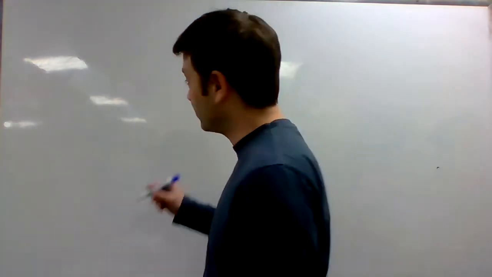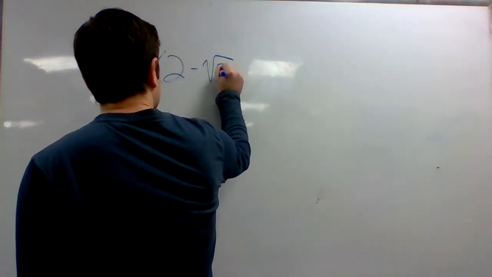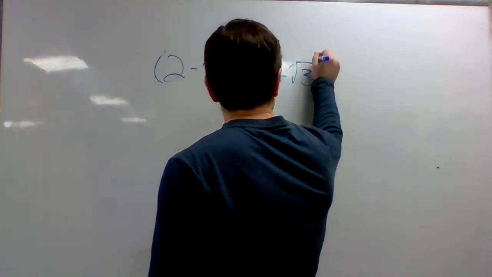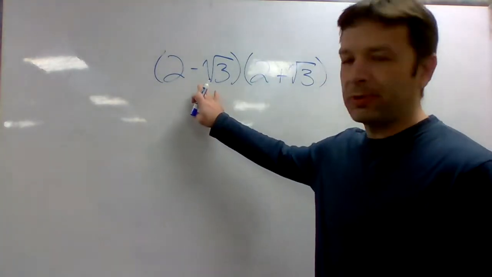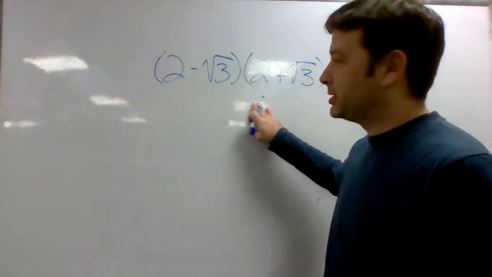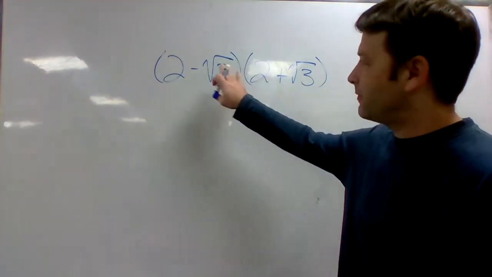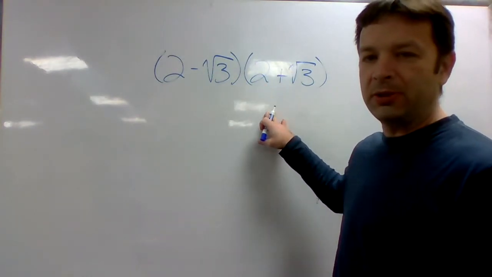It says 2 minus square root of 3 times 2 plus square root of 3. Okay, you probably don't recall this, but back when we did the FOILing chapter, when you have two expressions that are the same except for one's a minus and one's a plus, when you FOIL them, the outside and inside should cancel out.